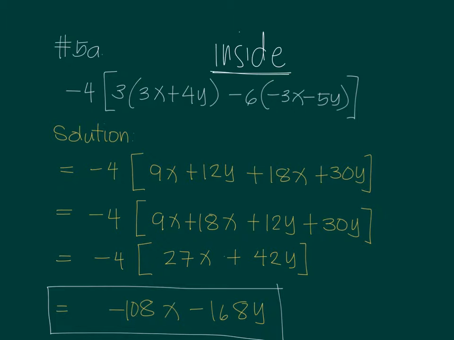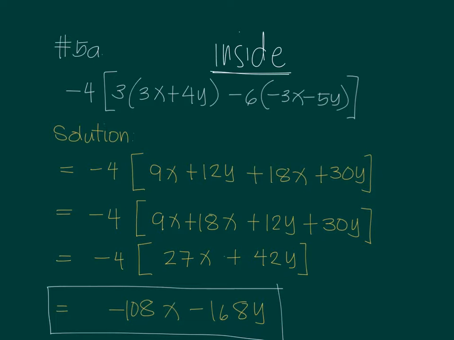And from there, you could group the like terms. You have the x and you have the y. So I group them here, 9x and 18x, 12y and 30y, just for you to easily see what to combine. Sometimes when you do mental computation here, you mix up the values.